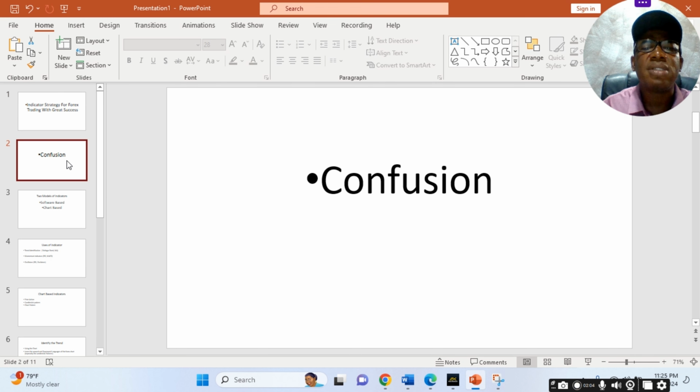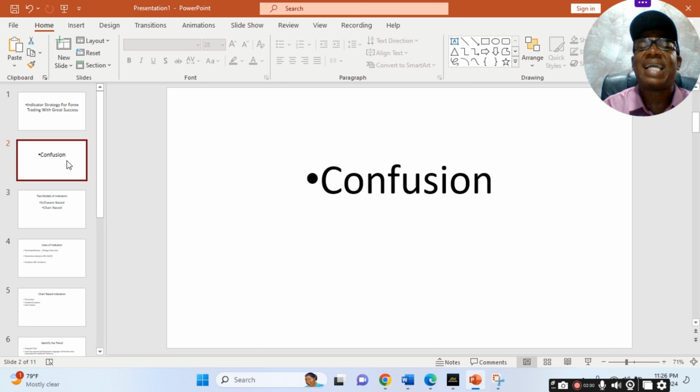With thousands of forex indicators, I mean thousands of forex indicators, most forex traders usually get confused. Confusion sets in, more especially for beginners or intermediate forex traders, because you will see a lot of them.